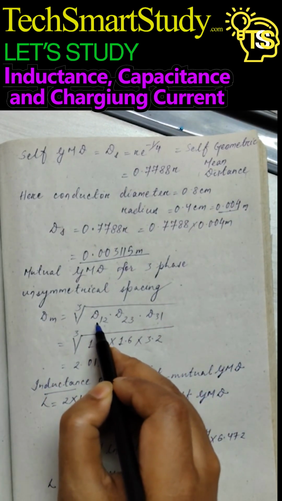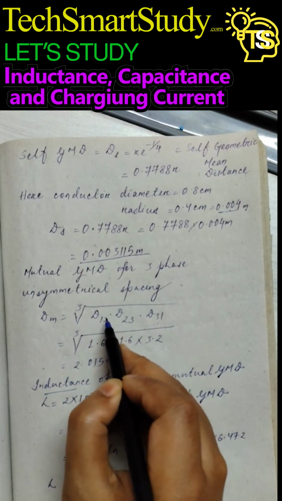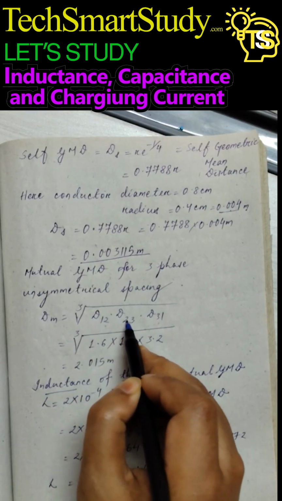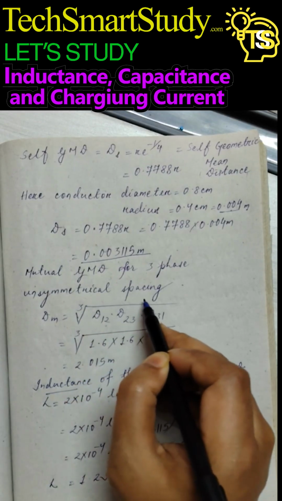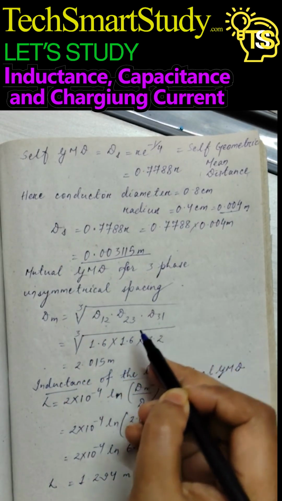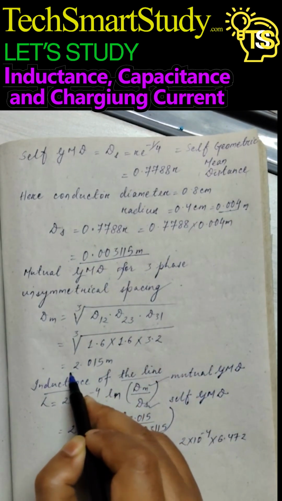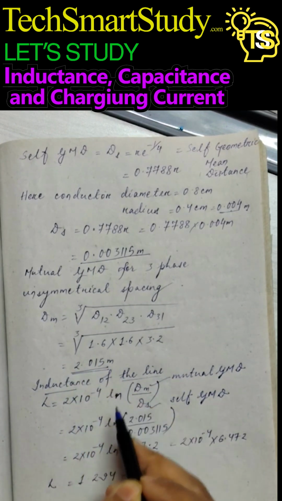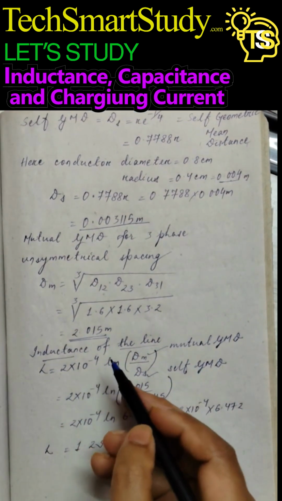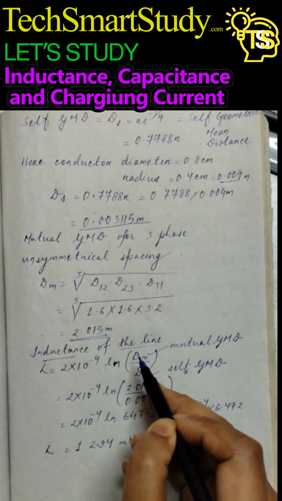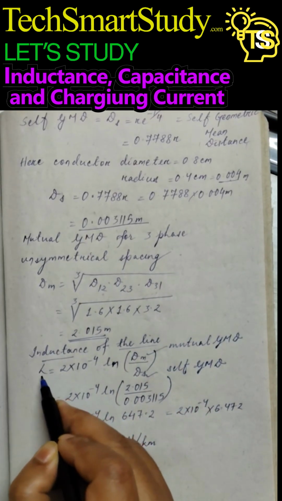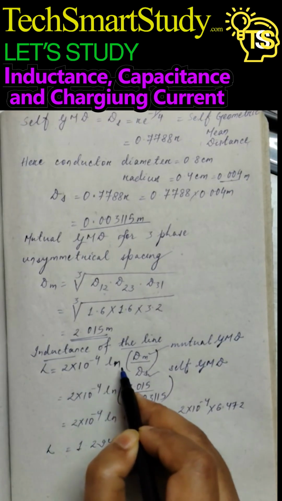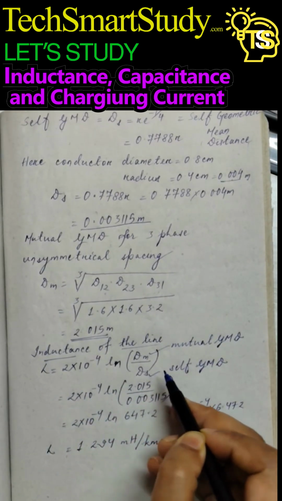Then we'll calculate mutual GMD for three-phase unsymmetrical spacing, and the formula is: we'll multiply the three distances that we have got, D12, D23 and D31, and take its cube root. So we'll get the value as 2.015 meter, and we'll put the self GMD and mutual GMD values in the formula of inductance, that is L is equal to 2 into 10 to the power minus 4 ln Dm by Ds.